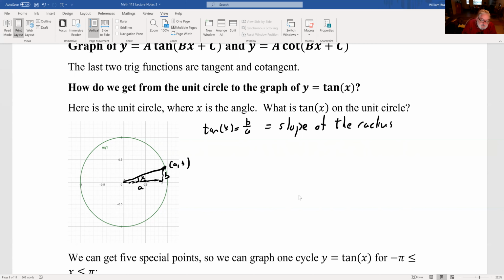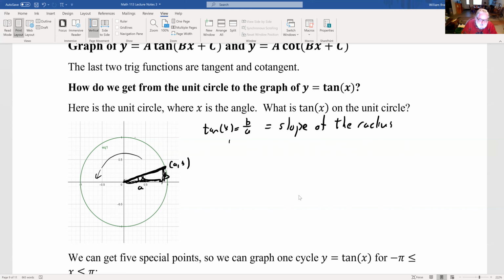It's the slope of this line, right? Change in y over change in x, so B over A is the slope of the line. So the graph of the tangent is the graph of the slope of this radius as we go around the circle.